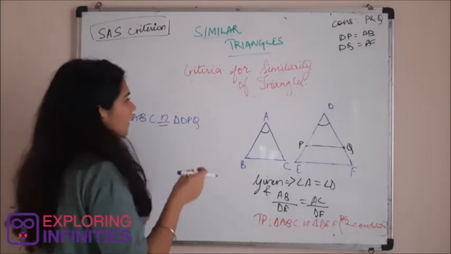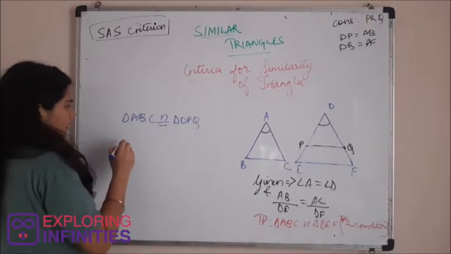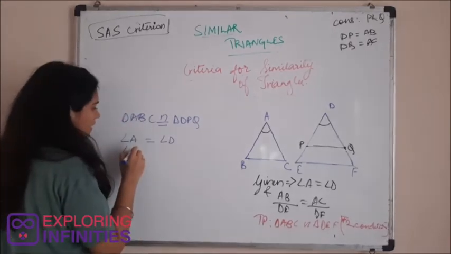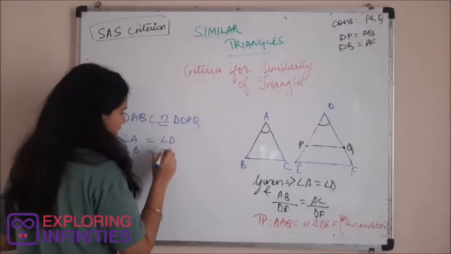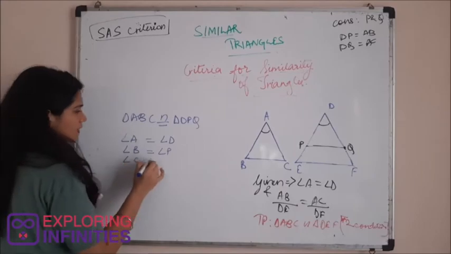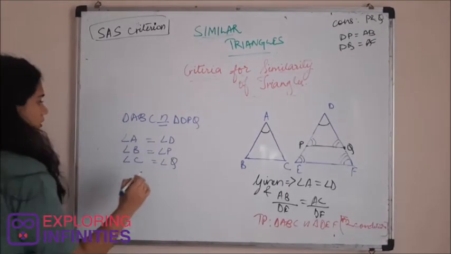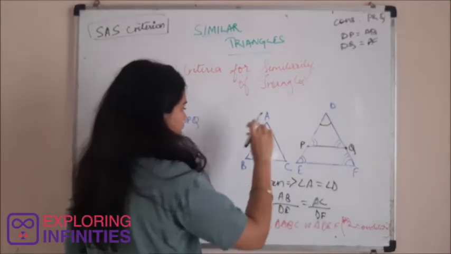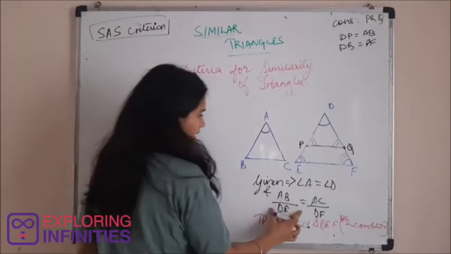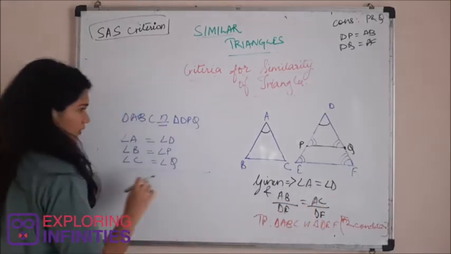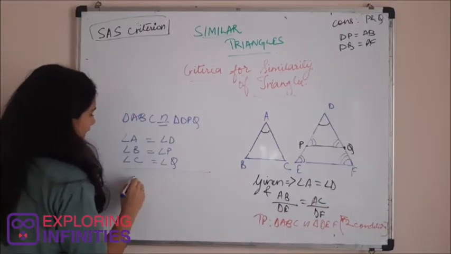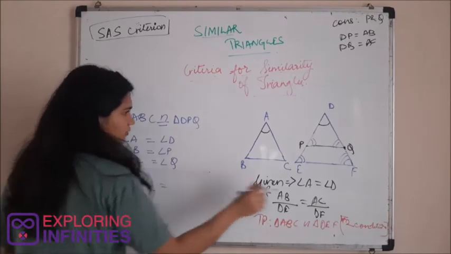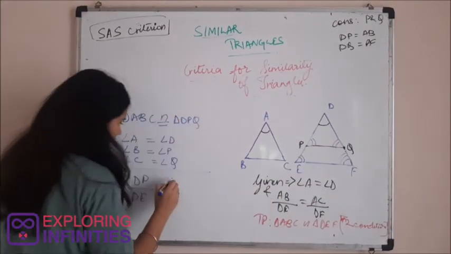So with that we can find that angle A equals angle D, angle B equals angle P, and angle C equals angle Q. Now here, since we have already constructed DP which is equal to AB, we can convert this particular bit as well. So we can write it as DP divided by DE is equal to DQ divided by DF.